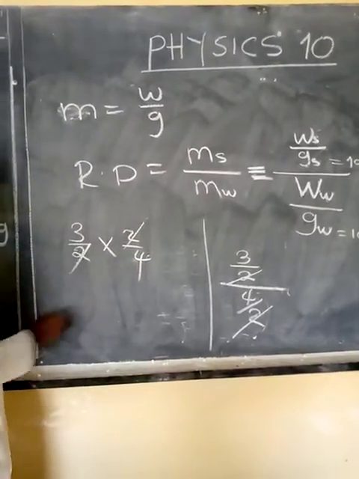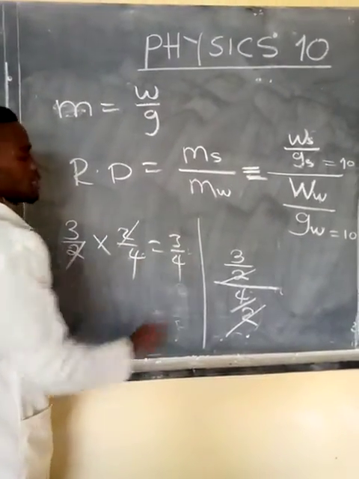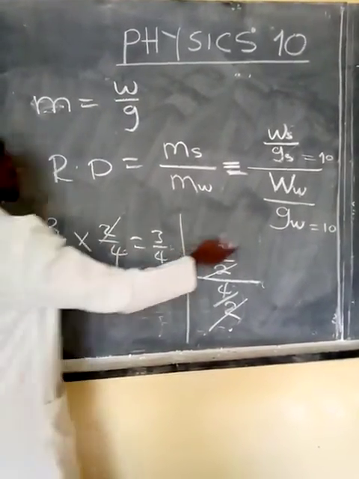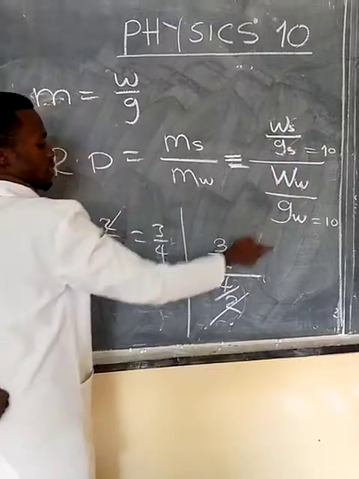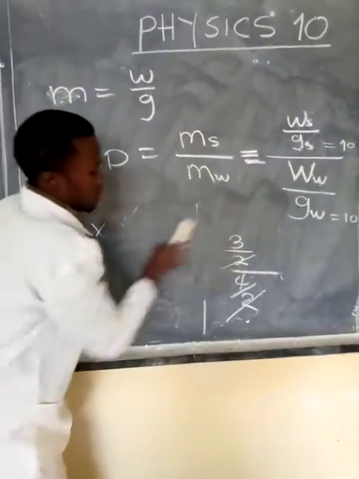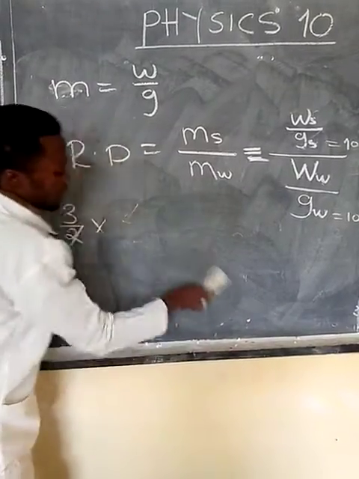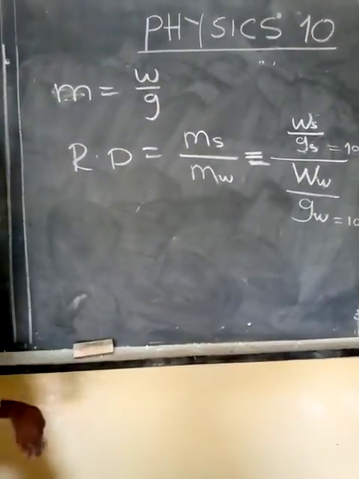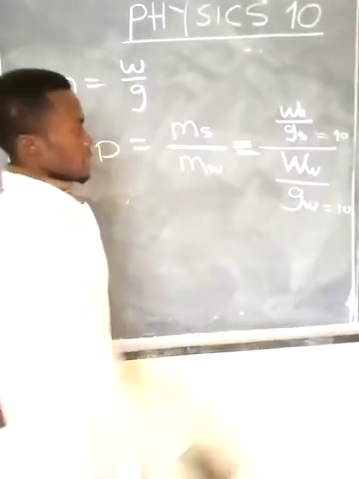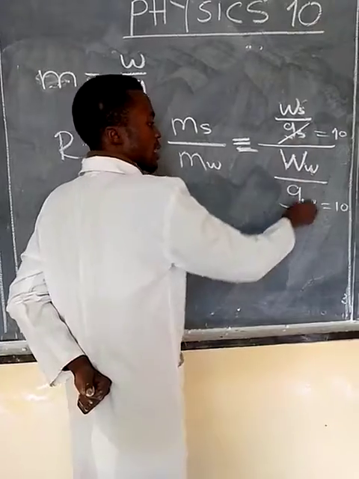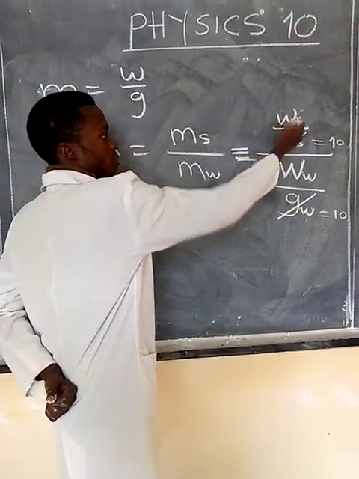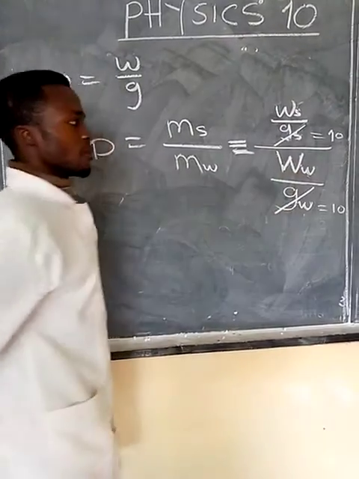Those cancel, hence having 3 over 4, which is one and the same thing. So I'm skipping the stage of inverting the fraction at the bottom. I hope you understand your calculations well. So we simply cancel the g and g, since I know this is 10 and this is also 10. What remains on top is the weight of a substance over the weight of water.